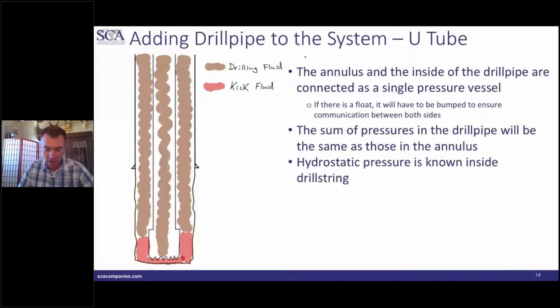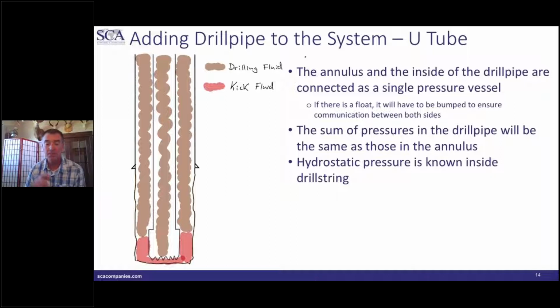If we add drill pipe to the system here, we have the annulus on the outside that has both kick fluid and drilling fluid in it, and then we have our drill pipe on the inside that has just drilling fluid in it.